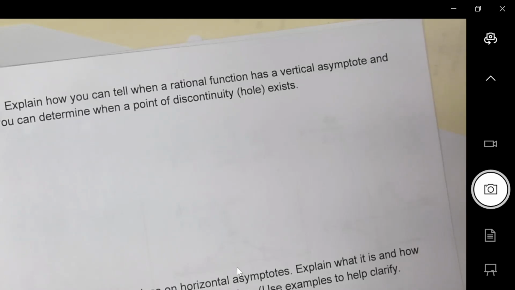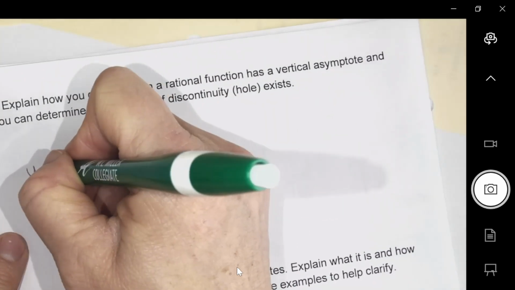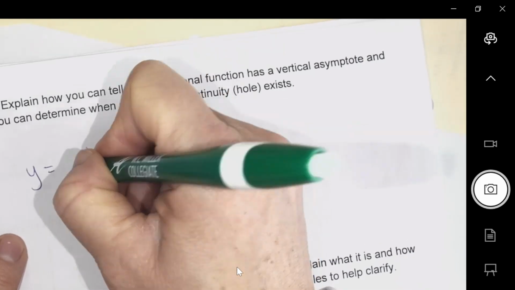Okay, so what are the rules for understanding vertical asymptotes versus a hole? So we can do something like this.